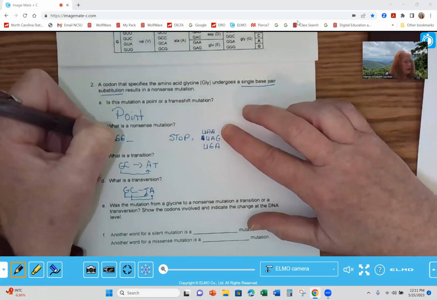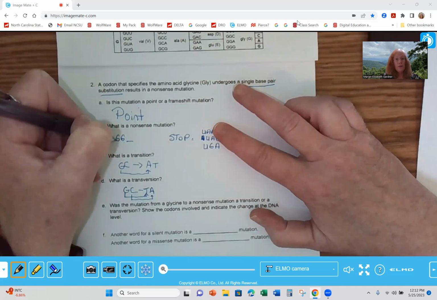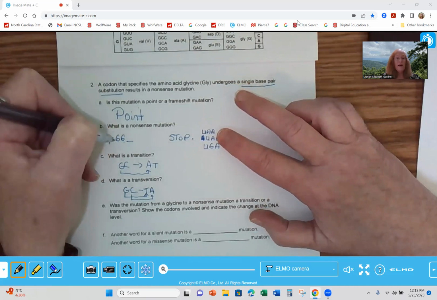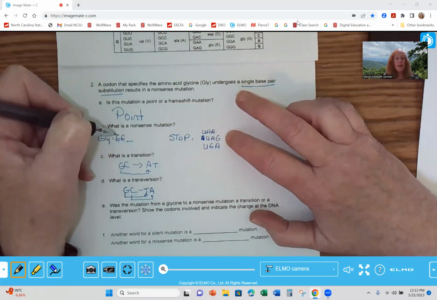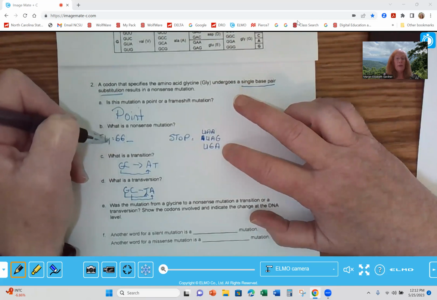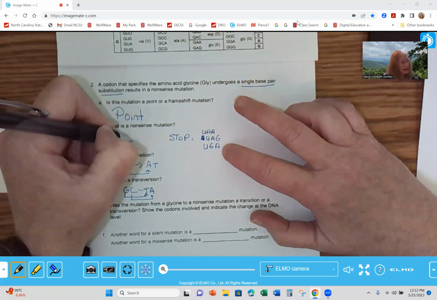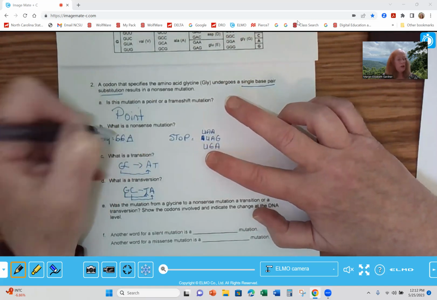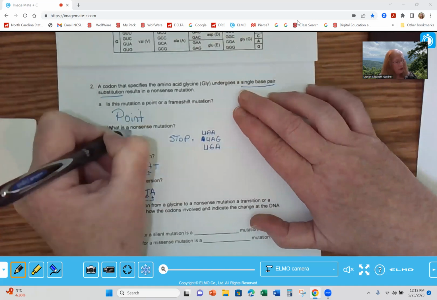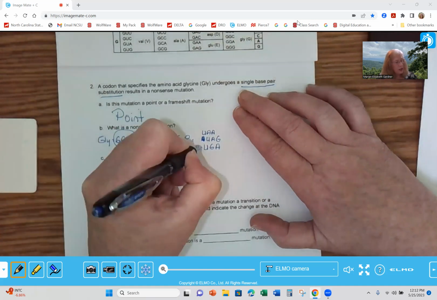If I go from GG anything to UAA, I have to change two. Similarly, if I go from GG anything to UAG, I have to change two. But if I go from GG anything, and that anything happened to be an A, and I went to UGA, I only have to change that one position.